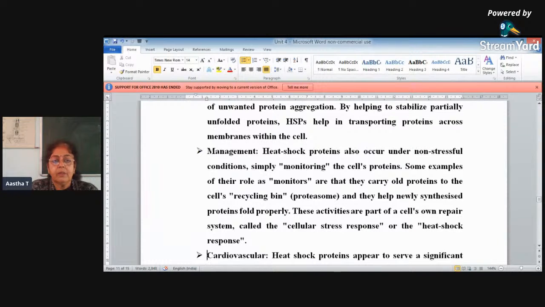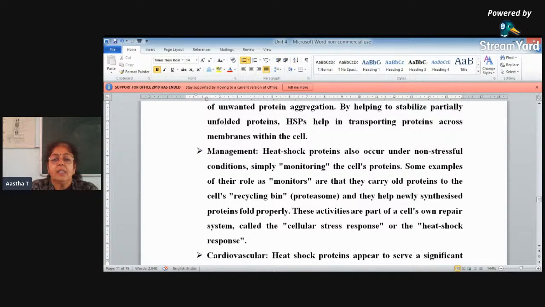So that role is known as monitoring, and by monitoring they will carry the old proteins to the recycle bin, that is the proteasome. So this recycle bin मध्ये गेल्यानंतर the 19S cap of the proteasome will take in that old protein and degrade it into peptides or amino acids.